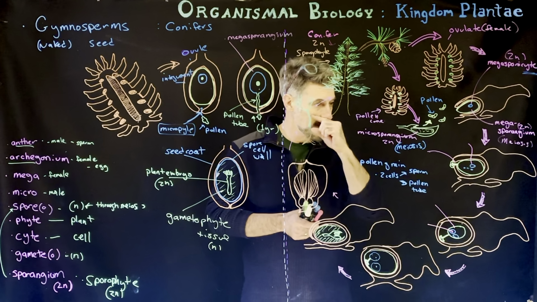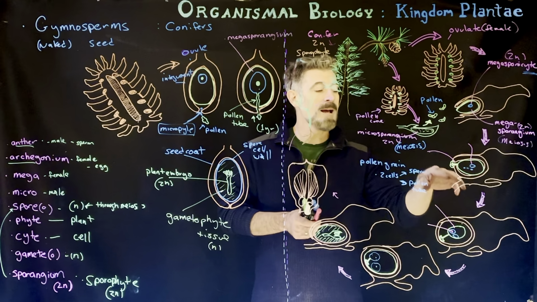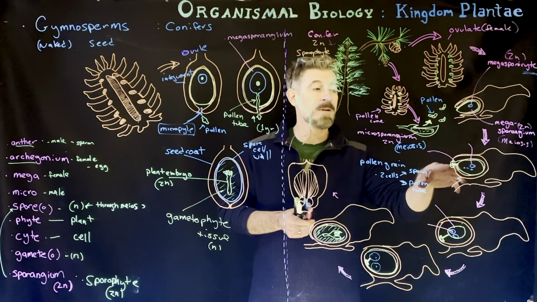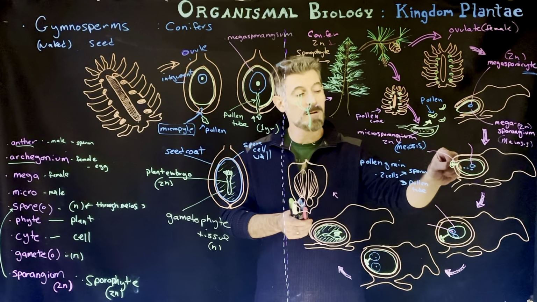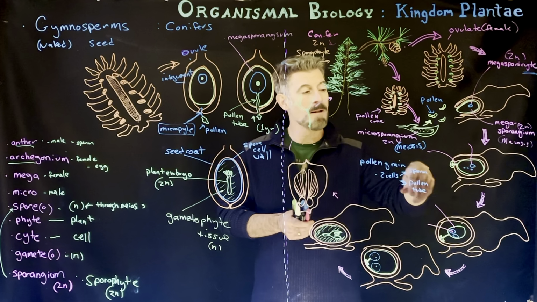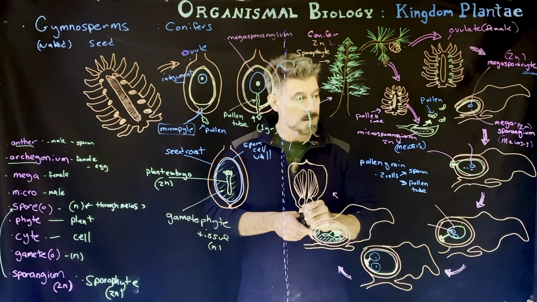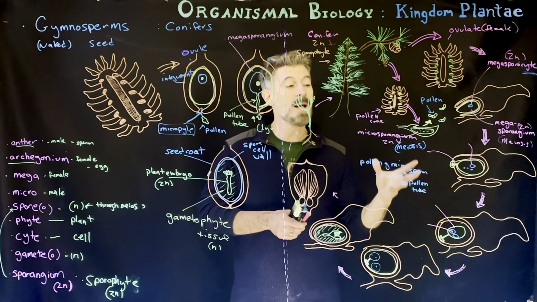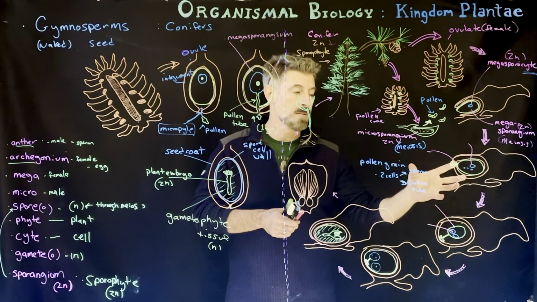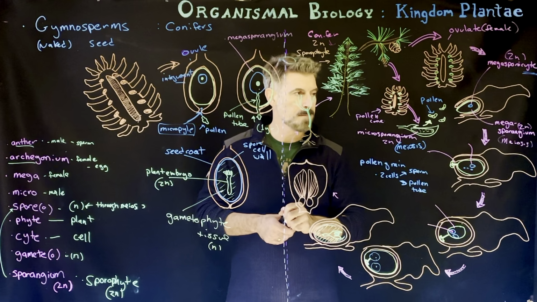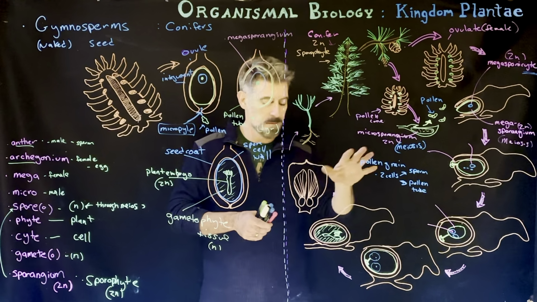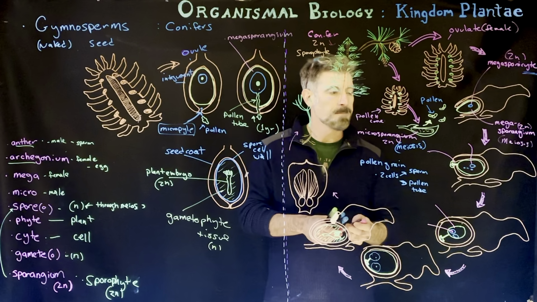In addition to that, there's a fusion of another 1N nucleus from the pollen with 2N cells to produce a 3N coating that we'll talk about more as we cover the angiosperms and seed plants, but we're not going to talk about that right now.